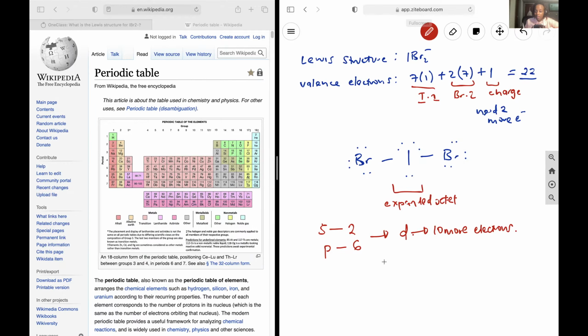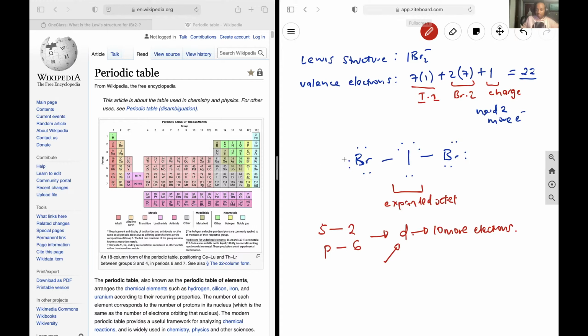They say at the first year undergrad level that the d orbital is the reason why you have an expanded octet. It's more complex than that. But for now, just keep note that elements including period 4 and downwards can have an expanded octet. Above them cannot. So if this was something else like lithium, for whatever reason, I wouldn't be able to account for those 22 electrons, but I wouldn't have 22 valence electrons to begin with.